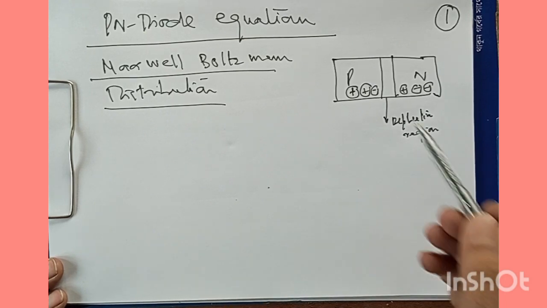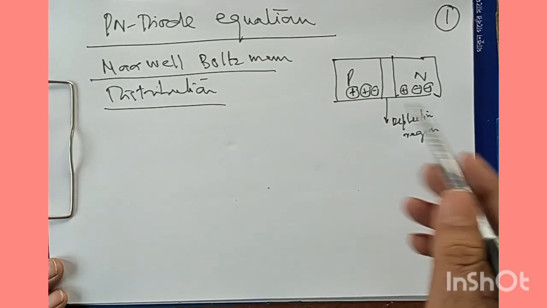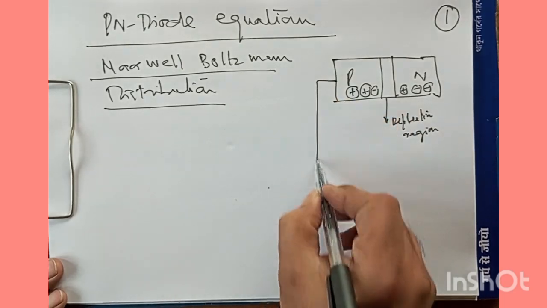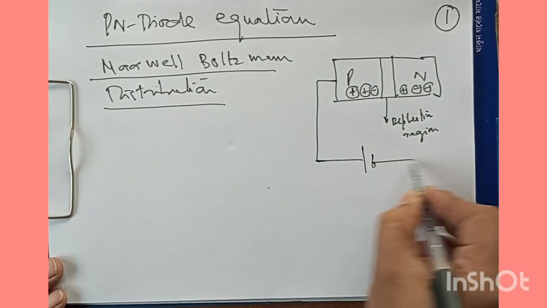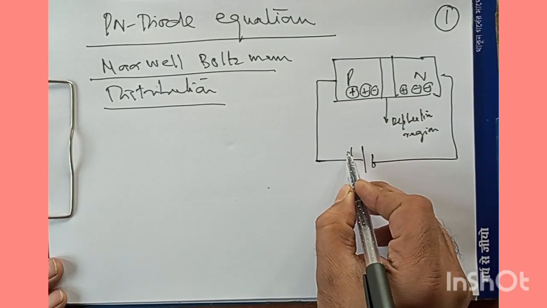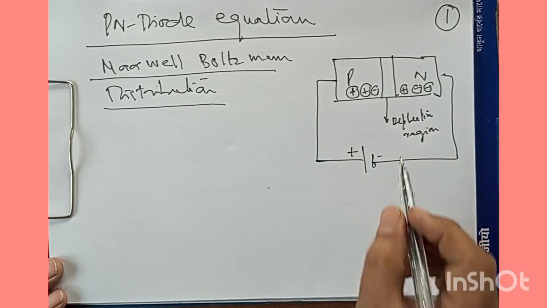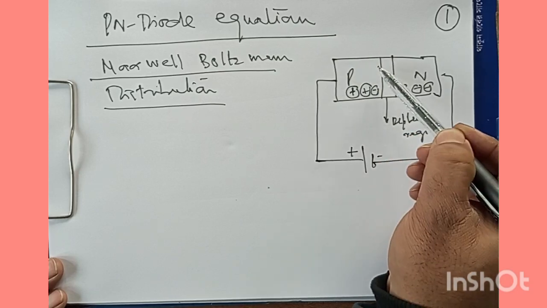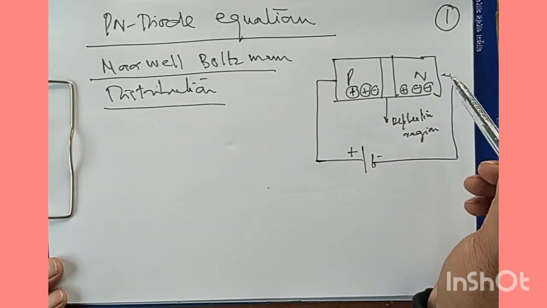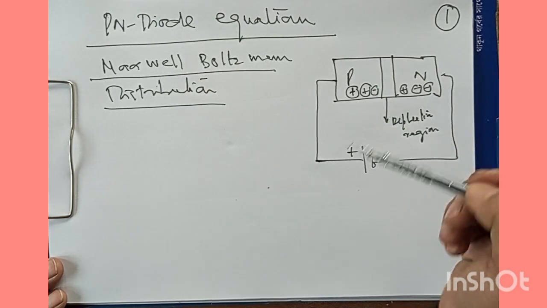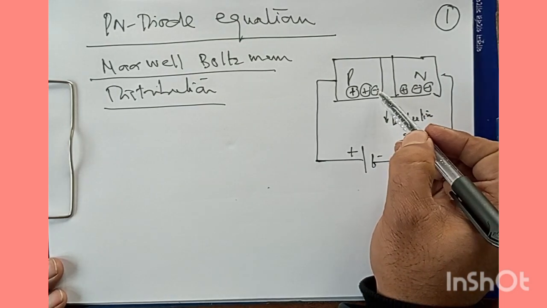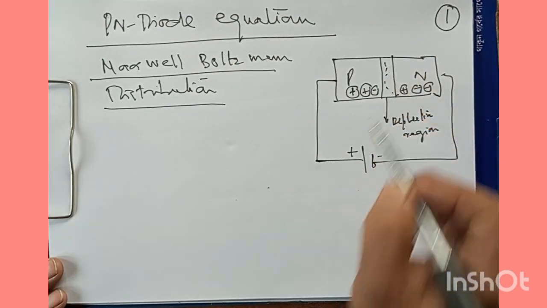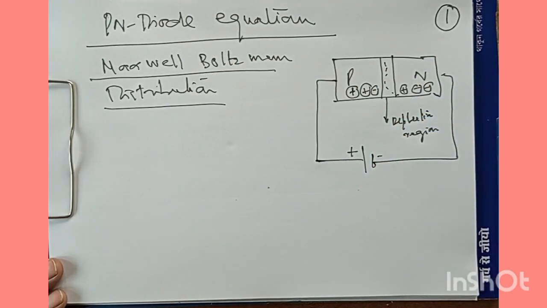the average values of momentum, and many other physical quantities that could be calculated using Maxwell-Boltzmann's distribution. And we understand the basic mechanism of biasing of a PN junction: if we bias it in the forward direction, then the role is taken by holes from the P side and electrons from the N side, and there is a minority role also from the P side to the N side at the depletion region.